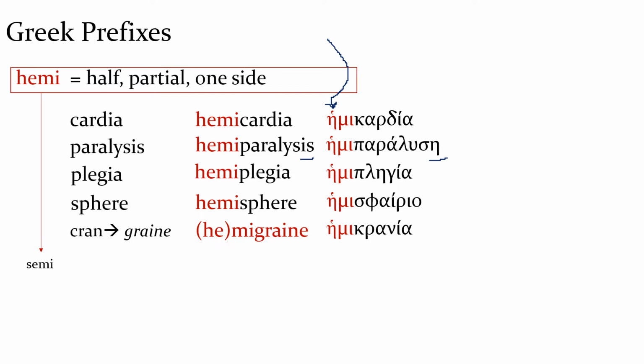So remember, a lot of these words do get modified a little bit as they pass through French, as they pass through British English, but the roots, the prefixes, basically are identifiable by the time they get to American English.